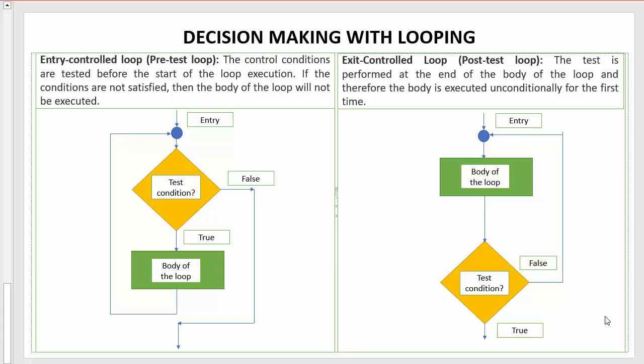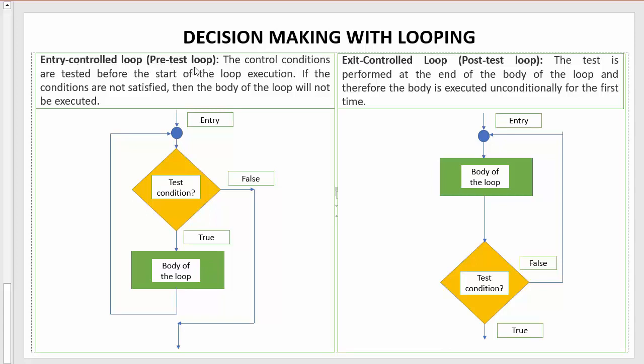Now let us start our discussion on these two types of loops. Let us first discuss the entry controlled loop, or pre-test loop. With the name itself you might have understood this concept. In an entry controlled loop, at the time of entry itself the condition gets tested. That's the meaning of pre-test loop.